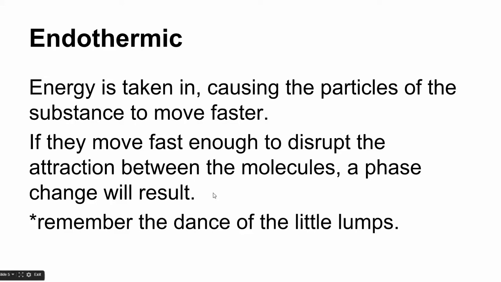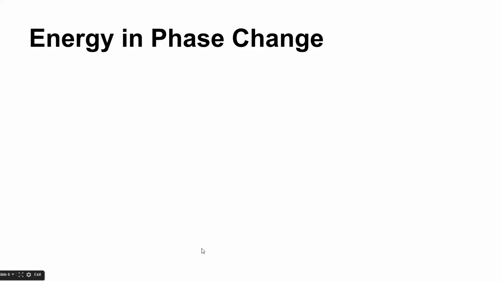They started moving faster and faster and faster, and eventually they got to a point where they could no longer hold together and they fell out of their regular lattice pattern. That was a phase change between a solid and a liquid that resulted from an endothermic experience. Energy went into the substance.